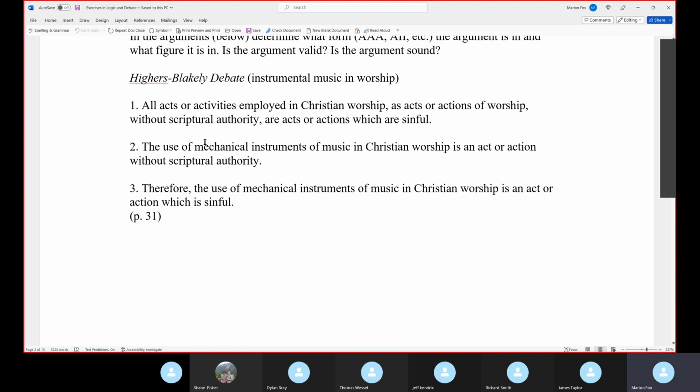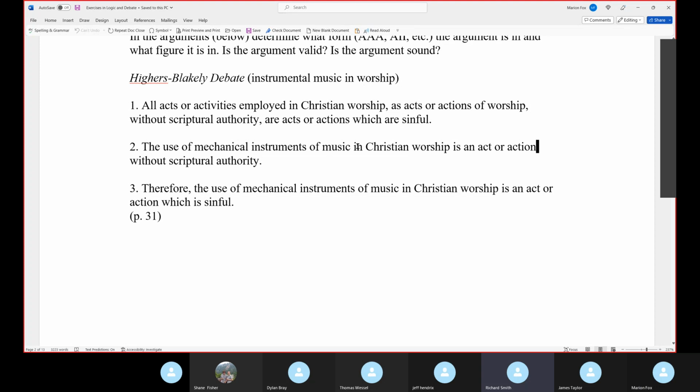Where's your middle term before it is? It's there, and it's right here. And he should have added "Christian worship" in there. All right, hold on a minute. Acts or action.